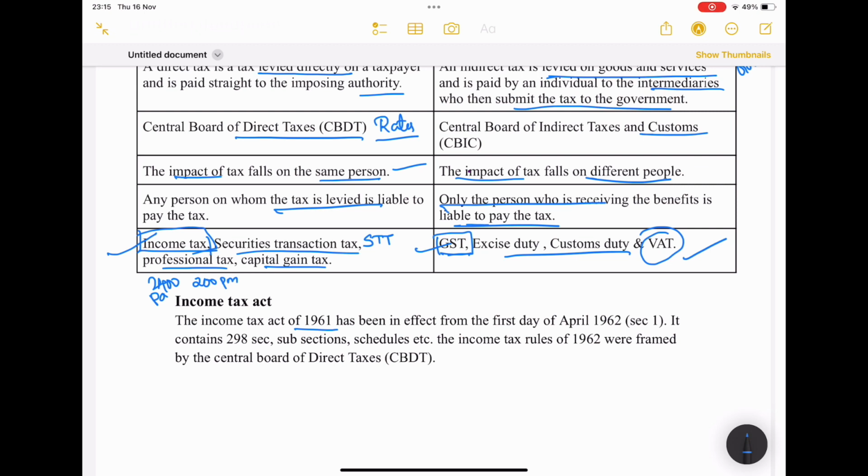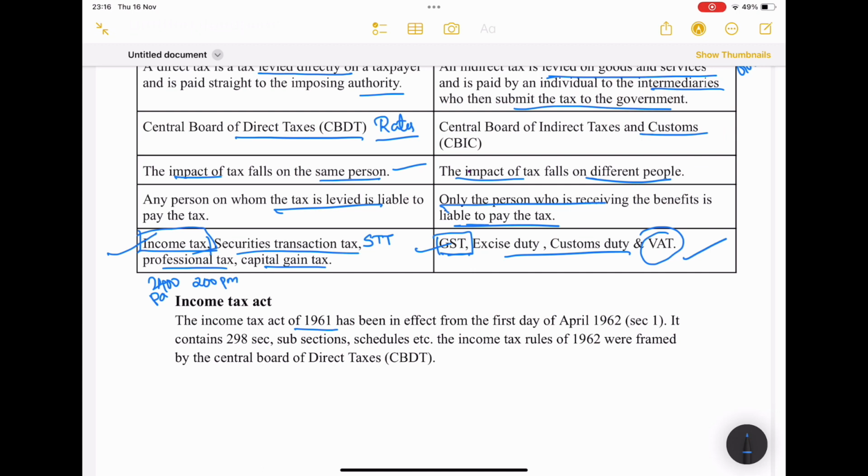If you study it, you'll get some knowledge of when it was introduced, who was the first person and all. But for the purpose of learning, for academics, and for your future also, present income tax rules, regulations, provisions, deductions, and the tax system are very important. So that's why I skipped the history of tax.